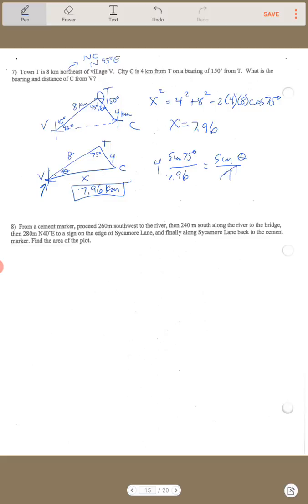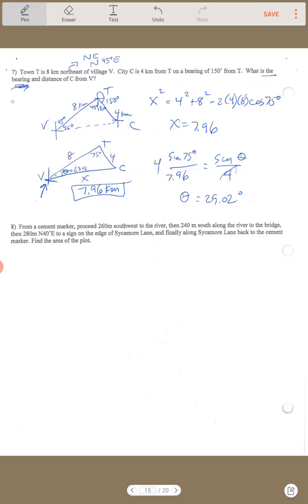So it looks like we can just bring the 4 over and then be able to solve for theta. So 4 divided by our answer and multiply that by sine of 75. And then we're going to arc sine that to get our final angle measurement of 29.02 degrees basically. Now keep in mind that this theta is what's 29.02, but that's not actually what our bearing is.